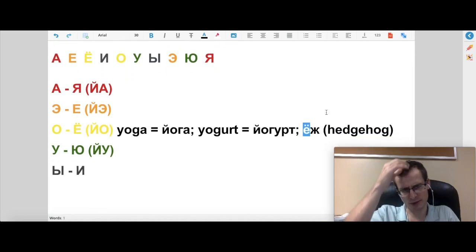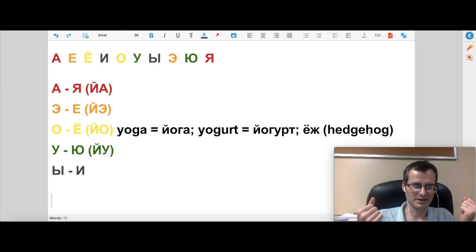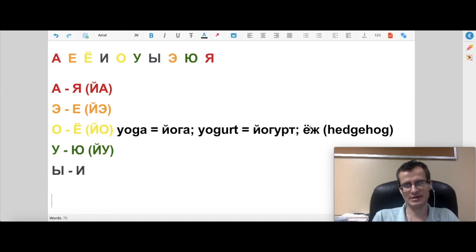Also, since we're talking about yo, let me digress here for a second and tell you an interesting fact about yo. I don't want to confuse you, but it's just the fact that Russians decided to stop. At some point, we decided to stop putting the dots over the yo.